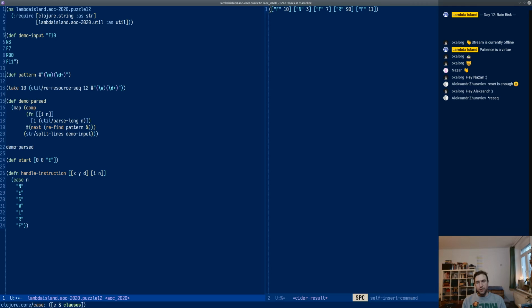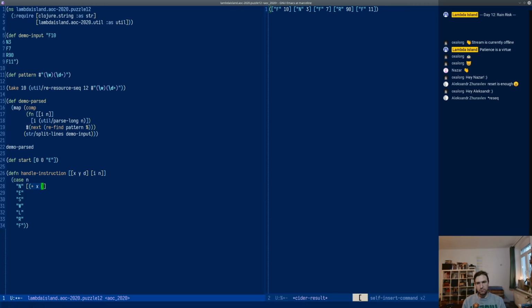So if we go north, let's say that positive X means going north, negative X means going south. And so positive Y means going east, negative Y means going west.